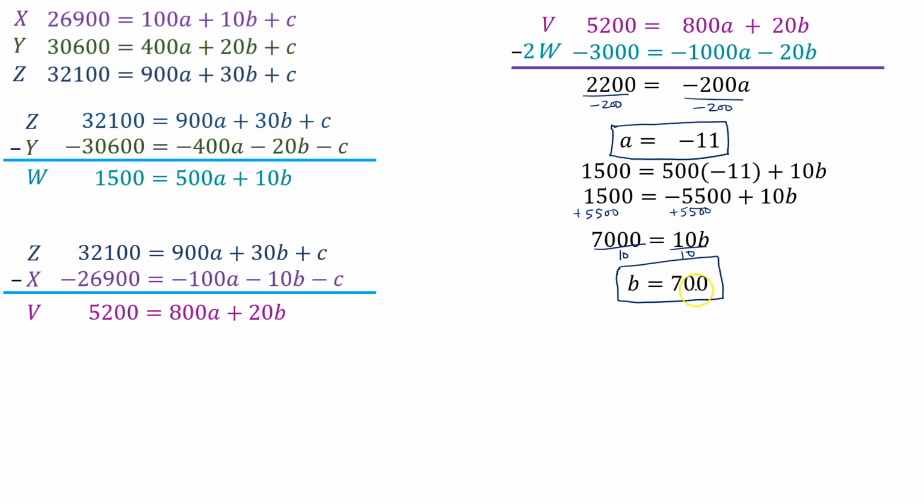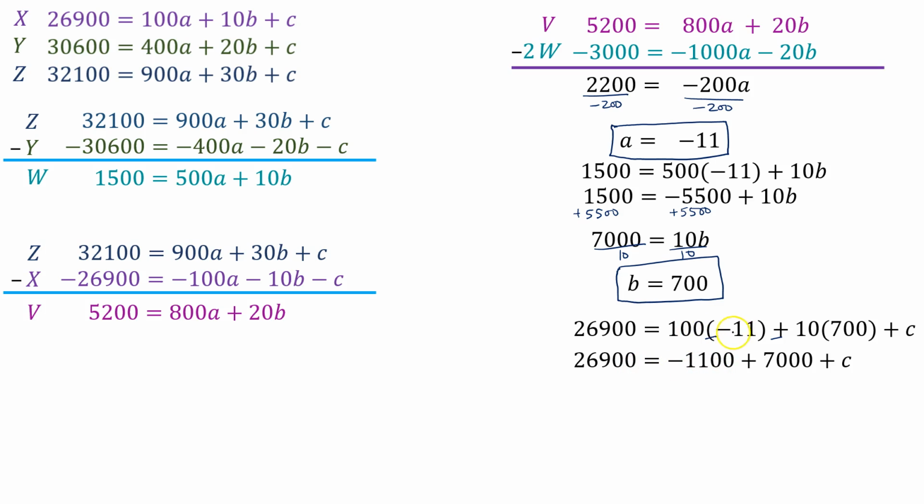Now that we have a and b, we can plug back to any one of these three original equations to get c. So I picked equation x because it has the smallest numbers. So I'm going to plug -11 in for a, plug 700 in for b, and then we'll figure out what c is.